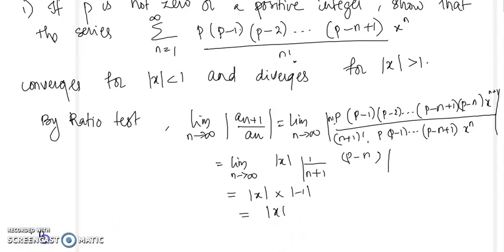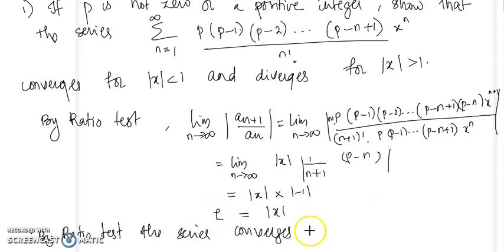Therefore, by the ratio test, the series converges if the limit L, which is mod x, is less than 1. That implies mod x is less than 1, and for any mod x less than 1 the series is convergent. Now by the ratio test again, when L is greater than 1, the series diverges.